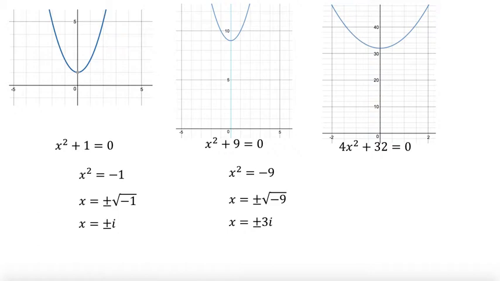Like before, for this third example, we can factor the 4 out, then take 8 from both sides, and then simplify to an imaginary number.